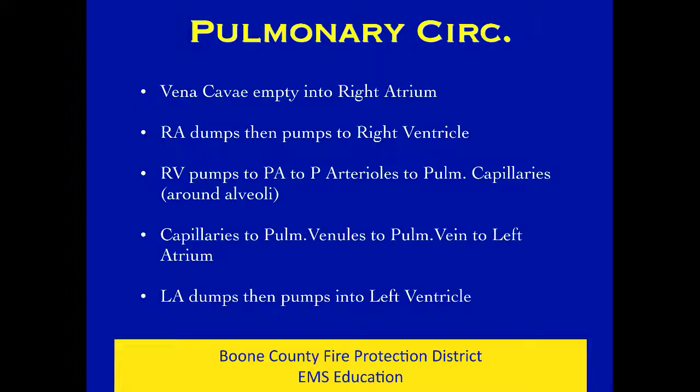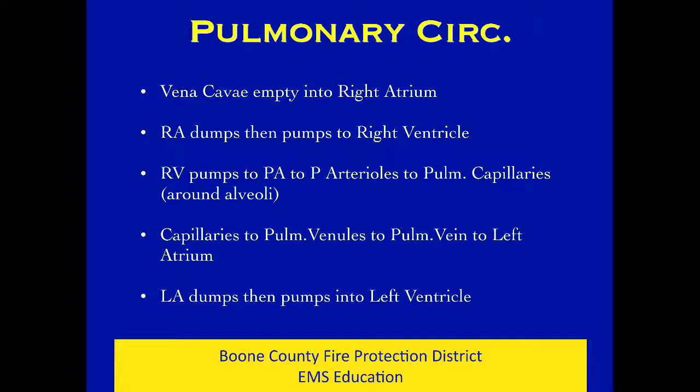Then toward the end of that, the right atrium contracts and pumps blood into the right ventricle, stretching the right ventricle. The right ventricle likes to be stretched because then it can pump harder. So it's like pulling back on a rubber band. So the right atrium does gravity dump and then actual contracting, pumping into the right ventricle.